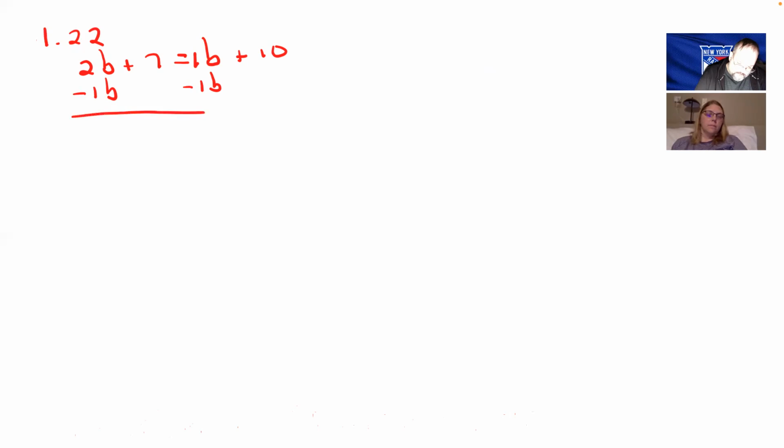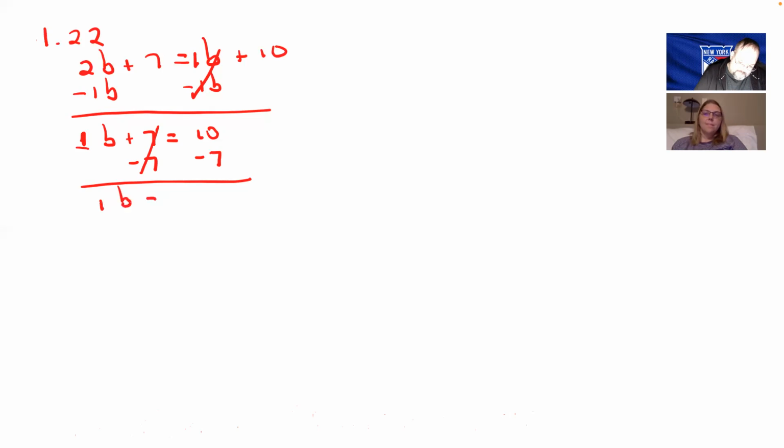So when I do that, it cancels out. So I have 1b plus 7 equals 10. And now to get the 7 to the other side, I'll subtract both sides by 7. Because remember, with equalities, whatever you do to one side, as long as you do it to the other, will be fine. So the 7s add up to 0.